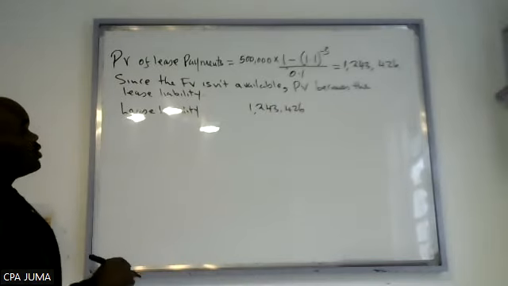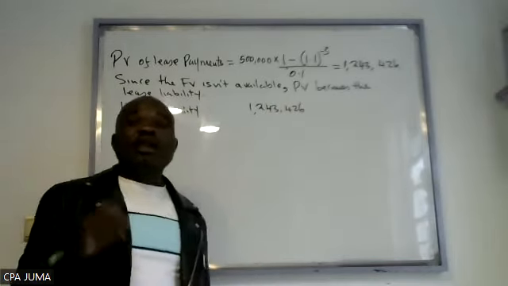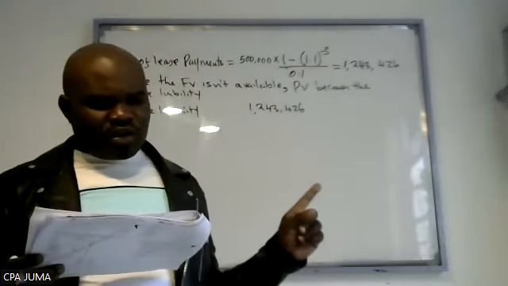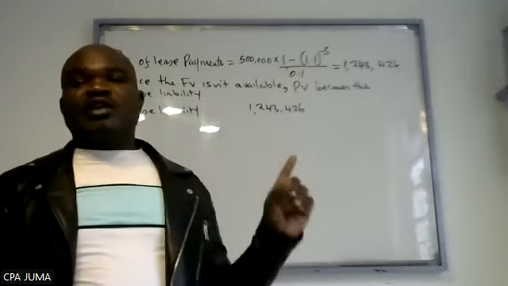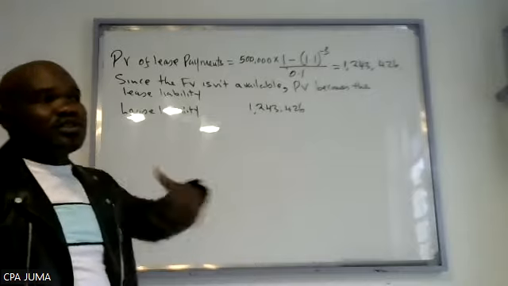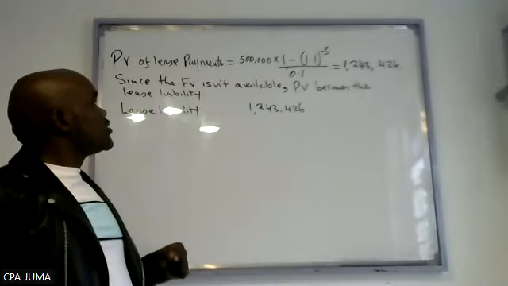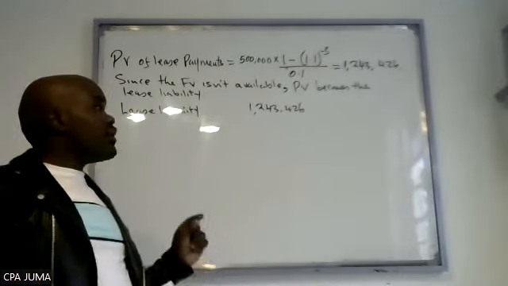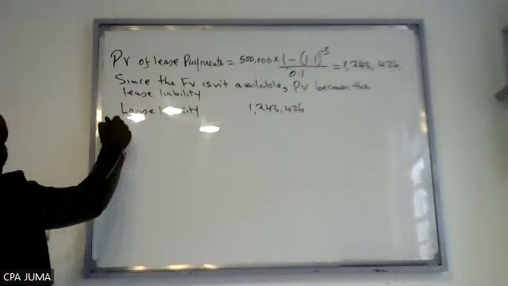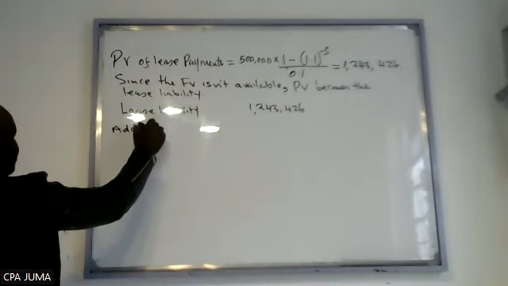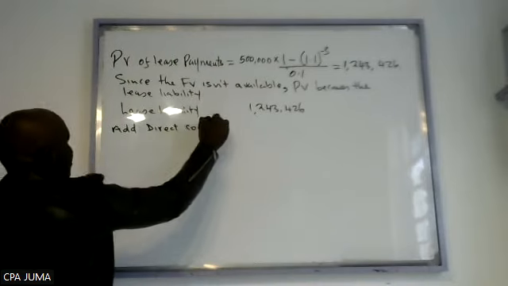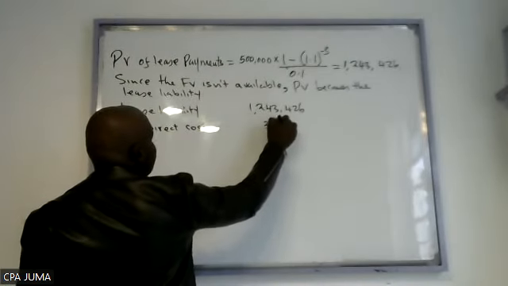However, Breakwood incurred a direct cost of 30,000, maybe to pay a lawyer and the rest. Direct cost is cost attributable to entering into that particular lease, so that 30 must be capitalized. They have incurred 30.